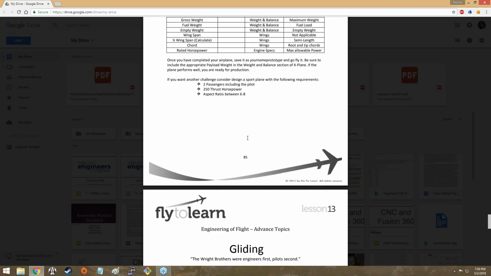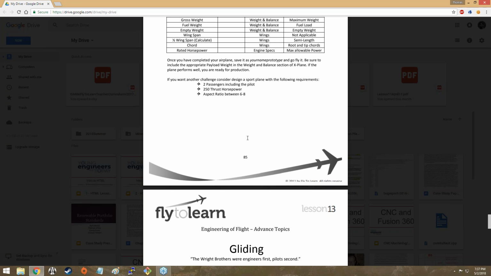All right, so the challenge in this case is to design a two-person sport airplane. The requirements are it's going to have to be able to support two passengers, which includes the pilot. So the pilot and then one rider, and I guess we'll assume with luggage.